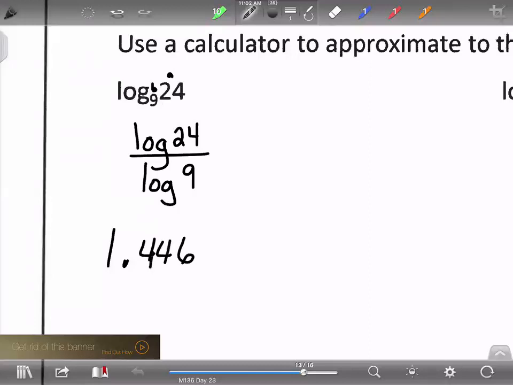So our instructions tell us to round to the nearest thousandth. That is 3 places after the decimal. I'm getting 1.446. Again, I'm rounding to the nearest thousandth there.